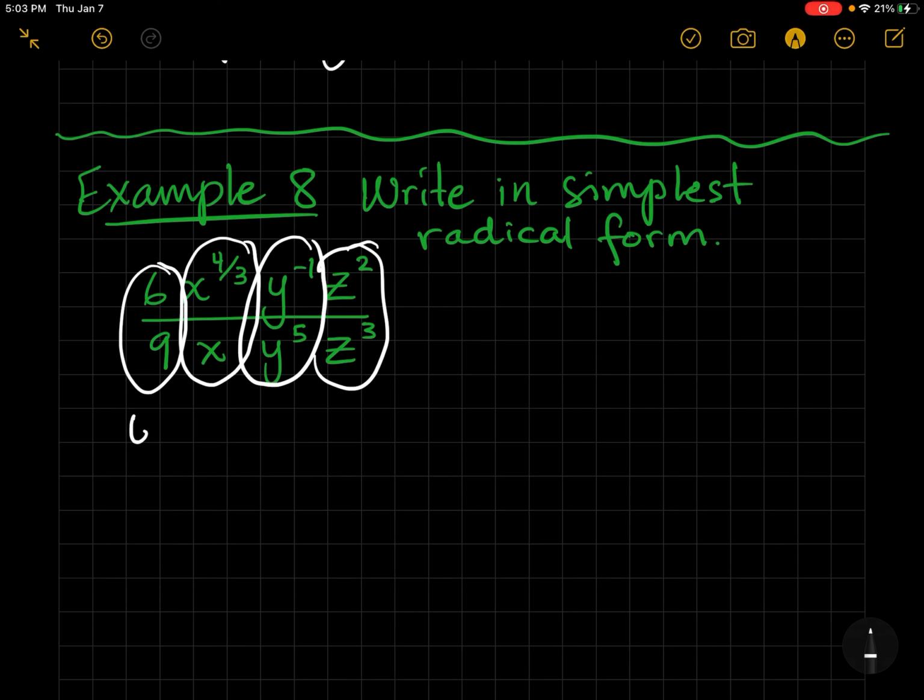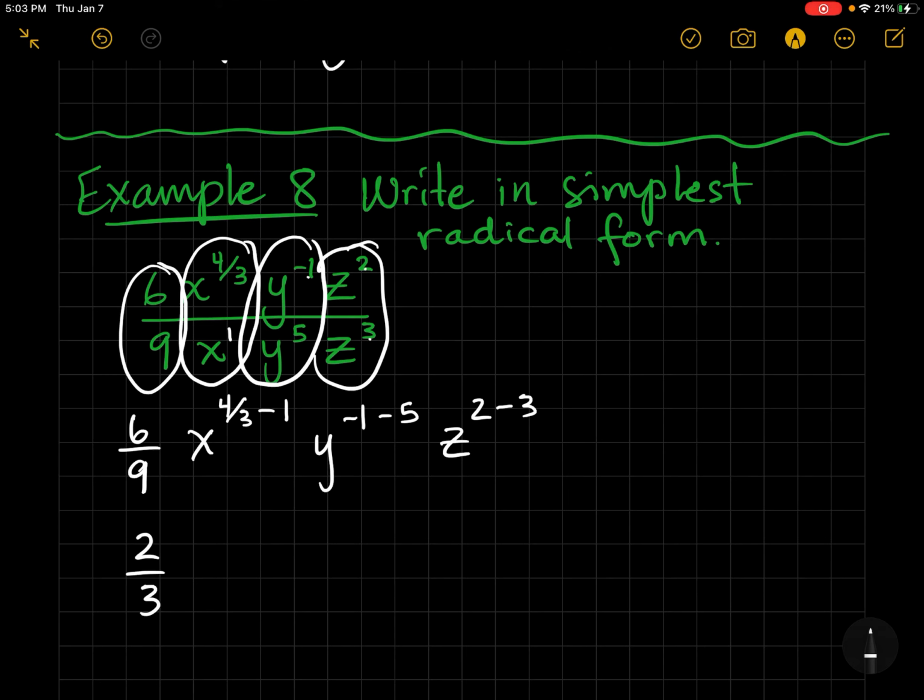So 6 over 9 simply reduces to 2/3. Here, I'm going to use my property, knowing I can subtract exponents. See, that has an exponent of 1. Here, y negative 1 minus 5, z squared minus 3.